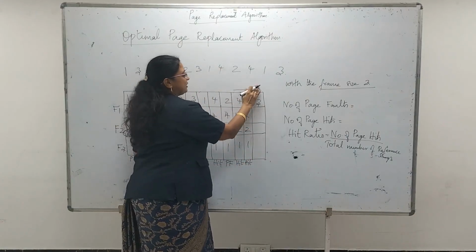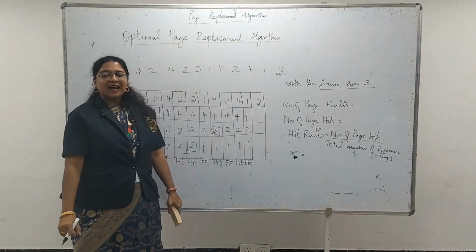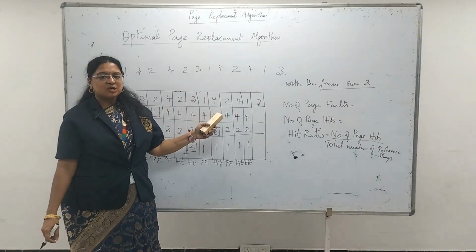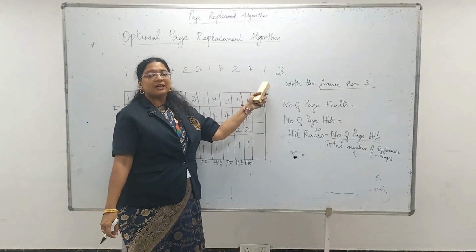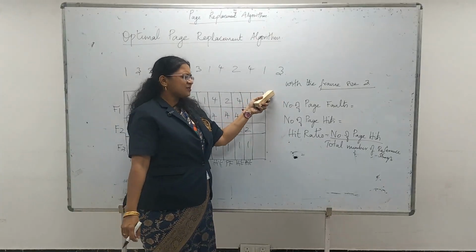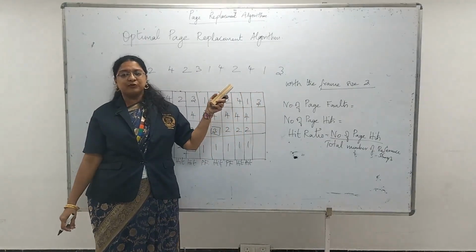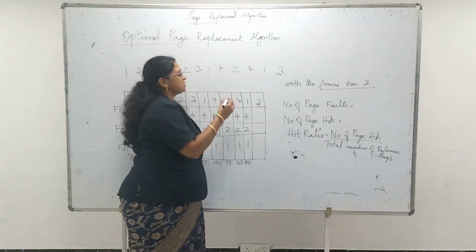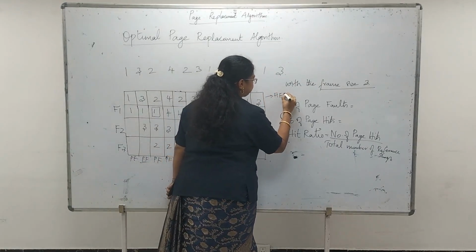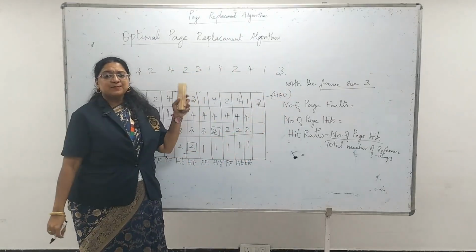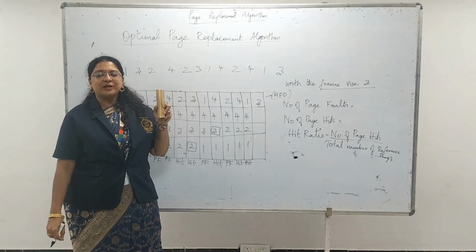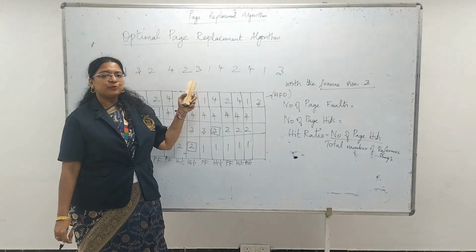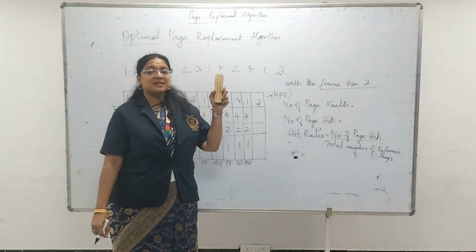Now we are going to replace 3. 3 is the last element. As per the optimal page replacement algorithm, whenever you need to replace a page with the existing one, you need to check which element is going to be least recently used in the future.